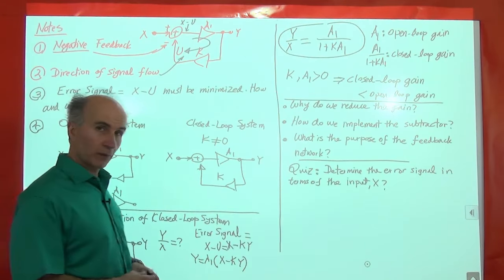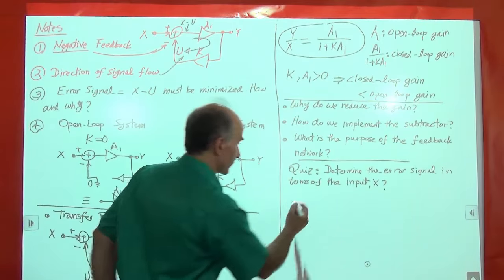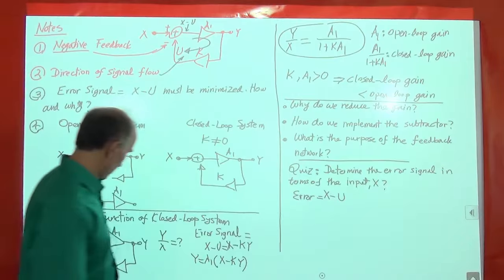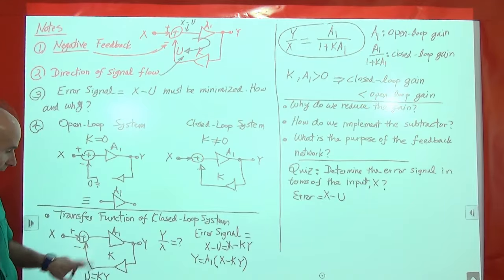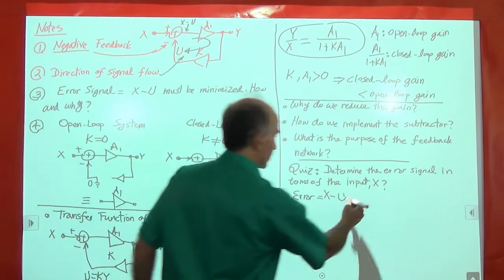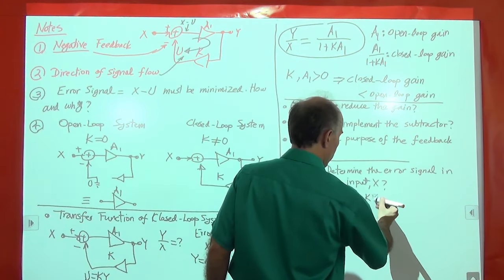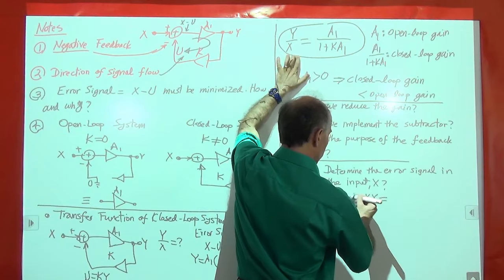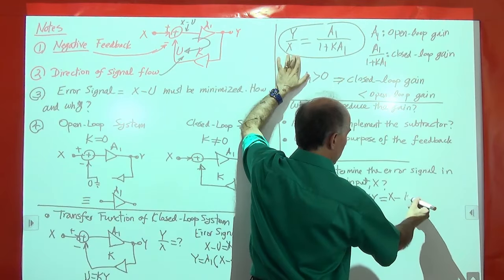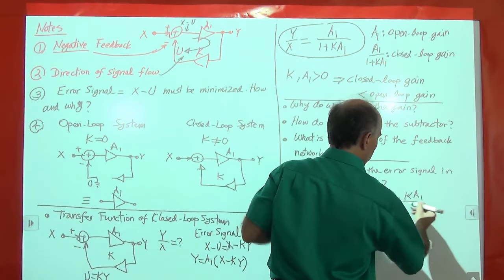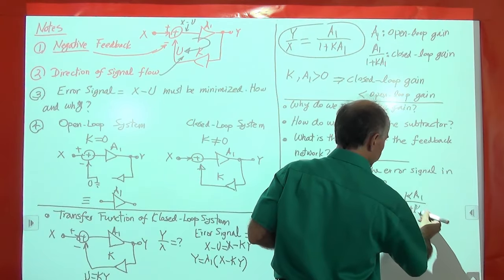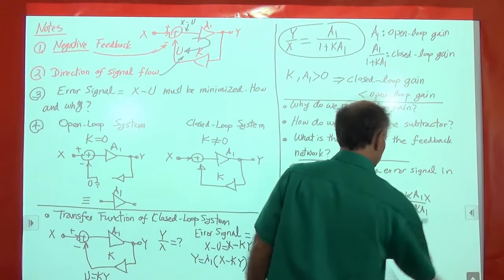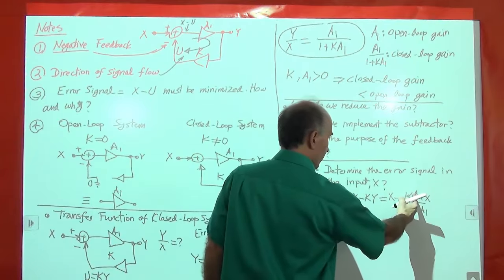All right, so what did you get? Well, we remember that the error signal is equal to X minus U. So X minus U gives us this error signal, and U is K times Y. So it's equal to X minus K times Y, and we know Y in terms of X. Y is this times X. So that would be equal to X minus K A1 over 1 plus K A1, times X. We simplify these, and we see that this K A1 goes away with this K A1.